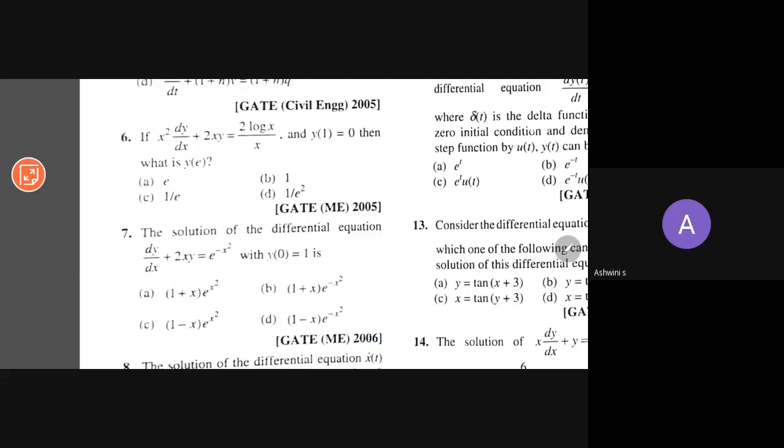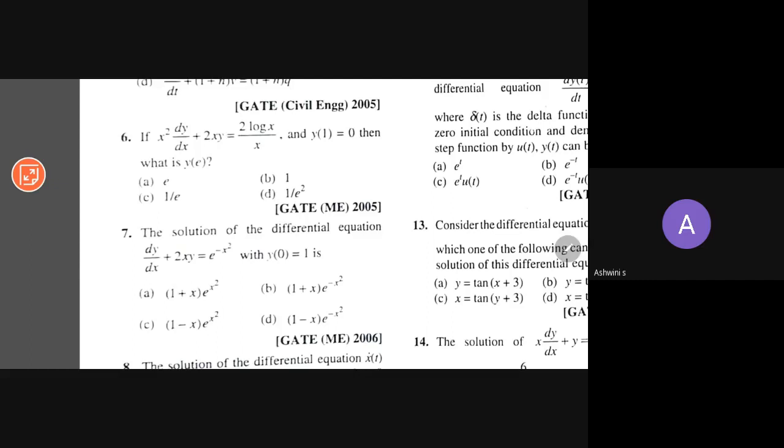Can anyone try this? See here, there is an elimination process here. Please remember, without solving also, sometimes we can get the answer. Because the right hand side e power minus x square is there, the possible answer involves e power minus x square.